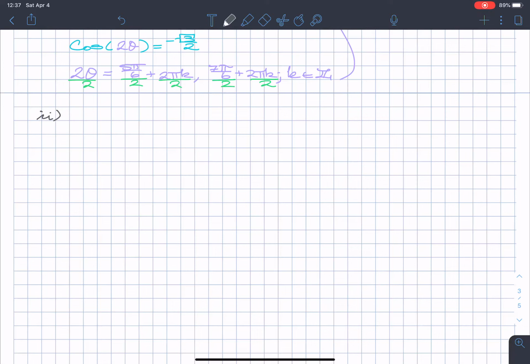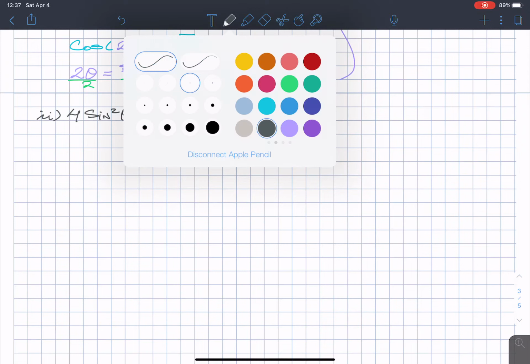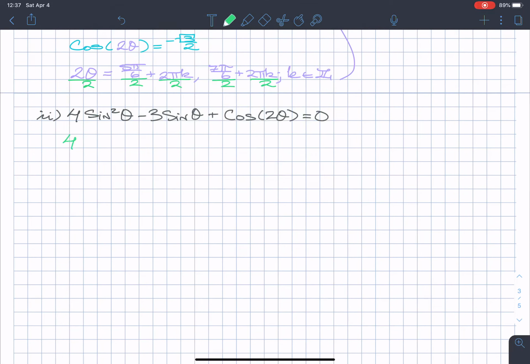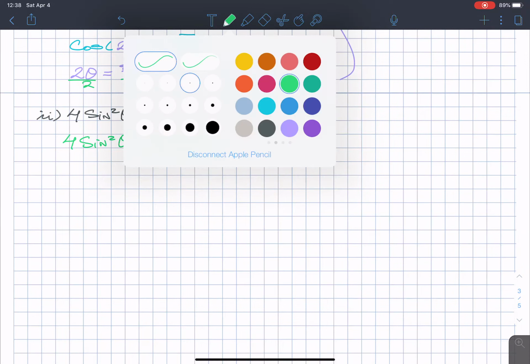So number 2, let's say we have 4 times sine squared theta minus 3 times sine of theta plus cosine of 2 theta is equal to 0. So let me rewrite this. So we have 4 sine squared theta minus 3 sine theta plus, actually I should have color-coded.